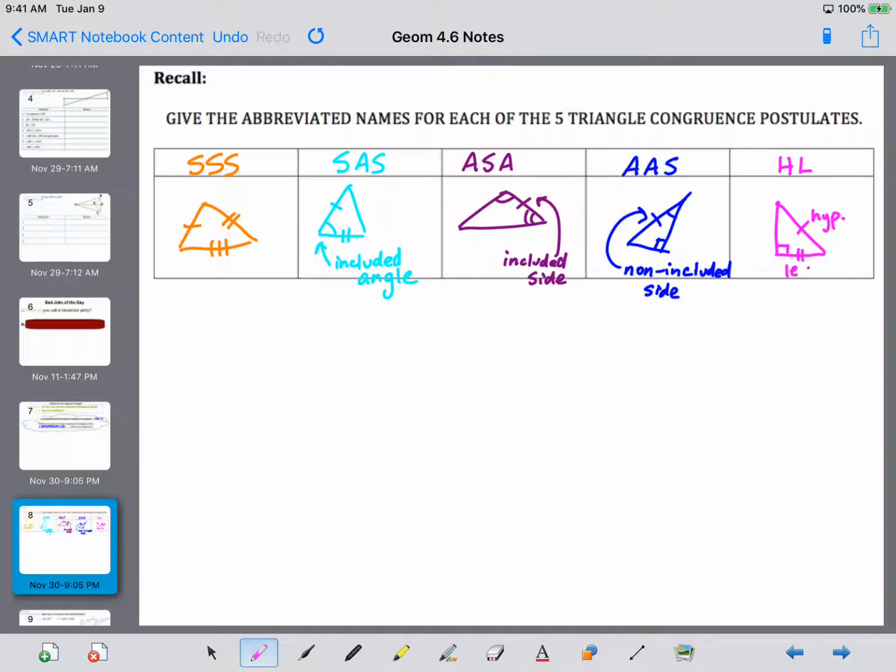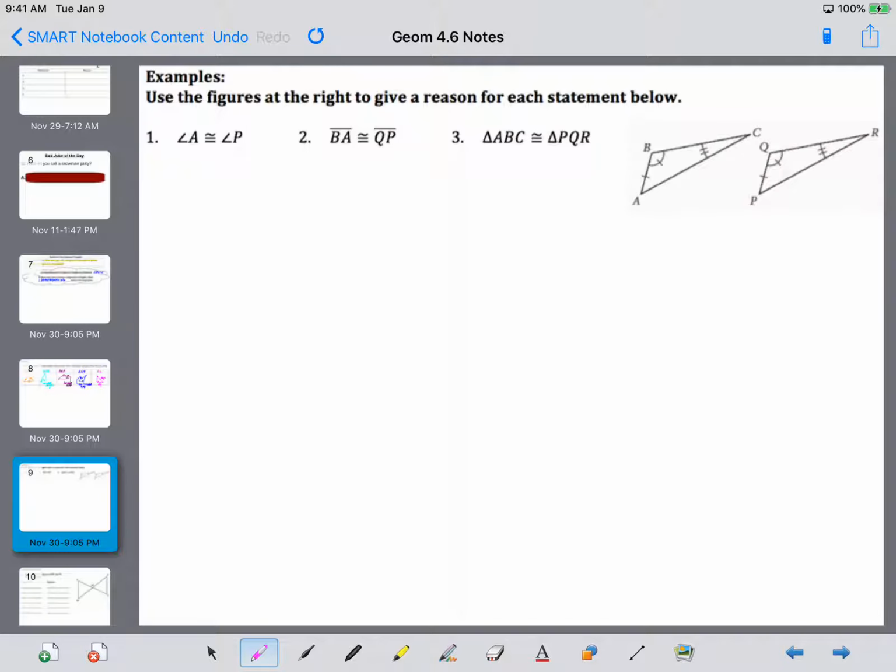Let's look at example 1, 2, and 3. So they tell us to use the figures at the right to give a reason for each statement below. Well, why can we tell that angle A is congruent to angle P? Well, they don't have any congruence marks there. They don't tell us that they're both the same number of degrees, but hopefully we can prove that these two triangles are congruent.